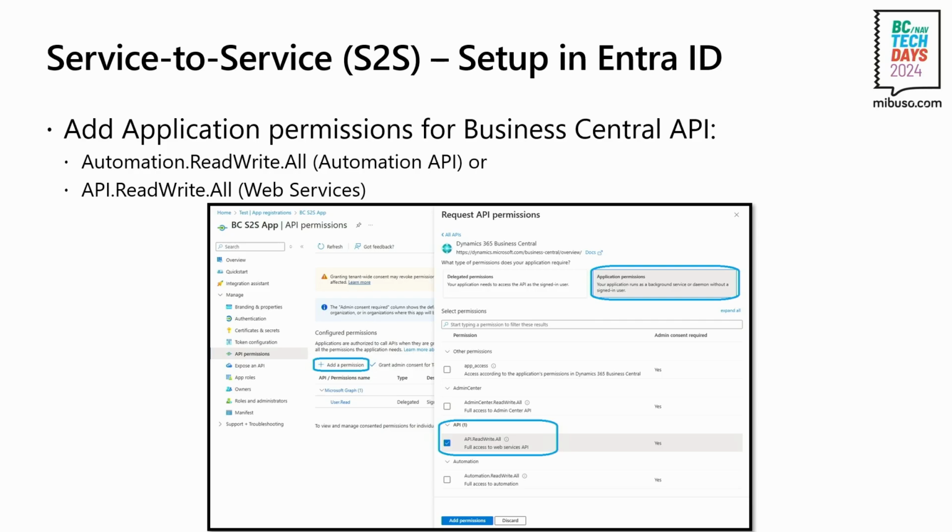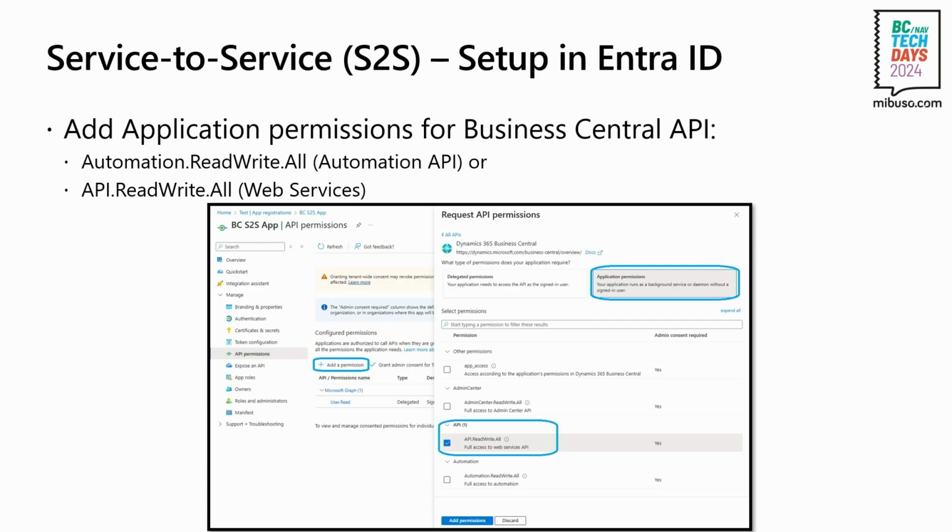We want application permissions because we are doing S2S. So I've selected application permissions here, and you can see there are a number of different permissions. You can say API.ReadWrite.All, that gives you access to all the APIs in Business Central. You can also say Automation.ReadWrite.All, that gives you access to a subset of APIs, namely those that you use to set up an environment for first-time use, like install extensions, import configuration packages, and other setup tasks.